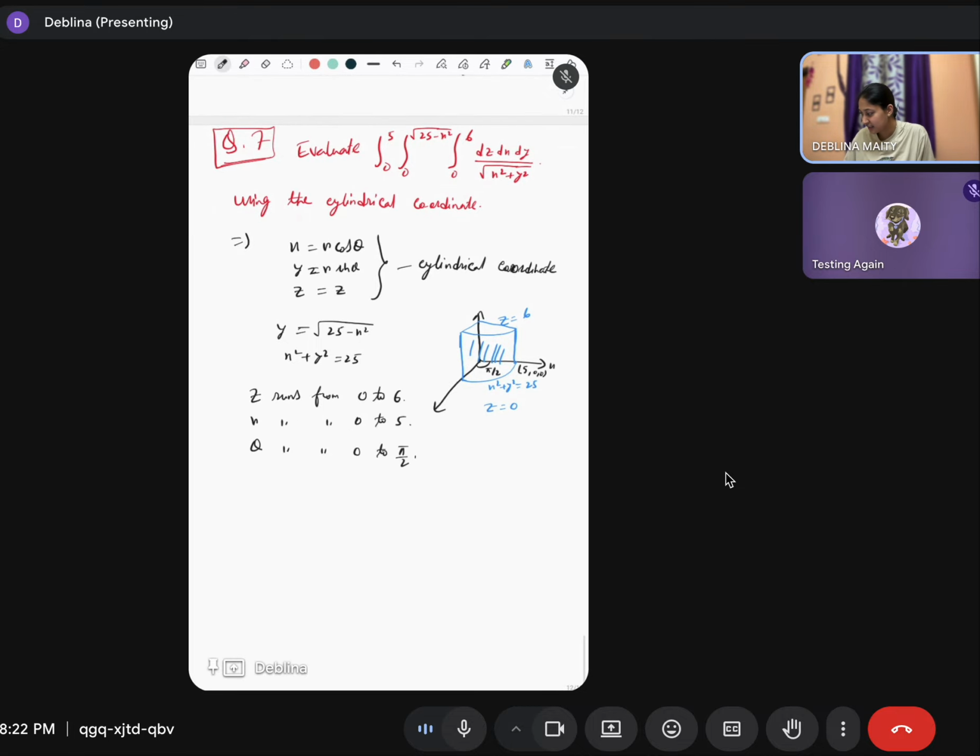So the integration becomes, now if we find out the Jacobian, this is 3 coordinates, x, y, z, and this is r, theta and z. So it is the same thing, x, y and r, theta. So it is going to be r for circle.